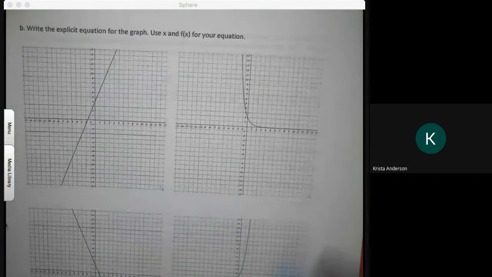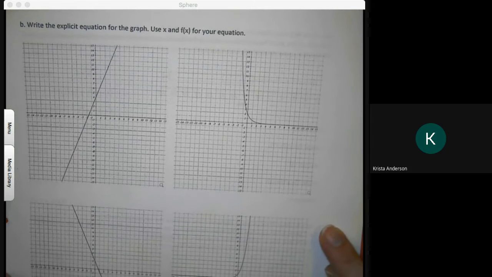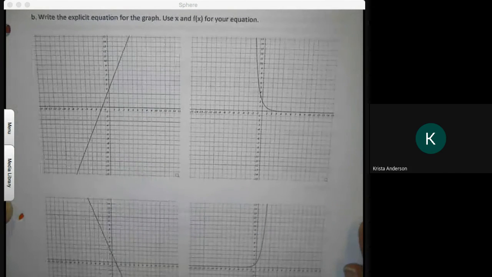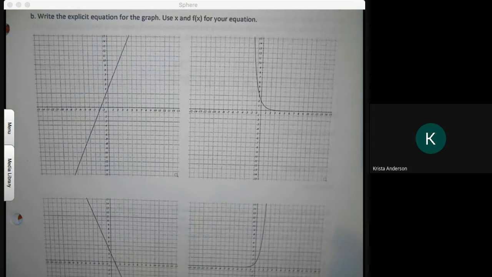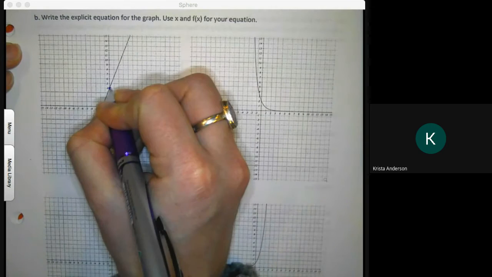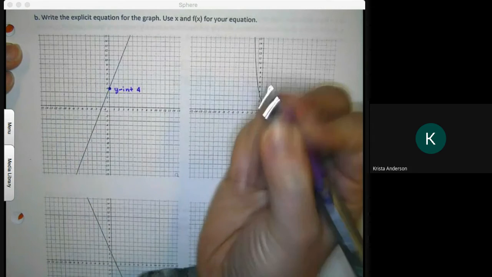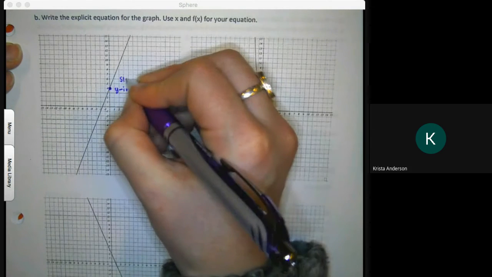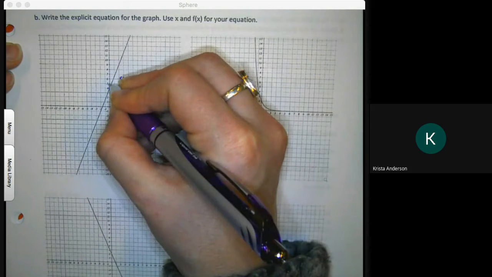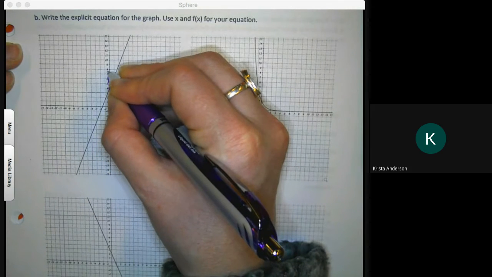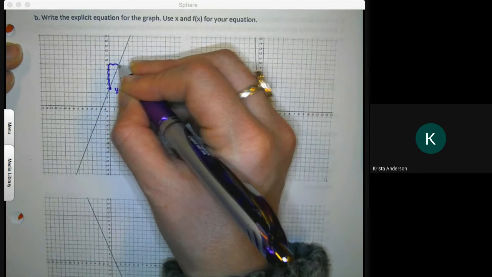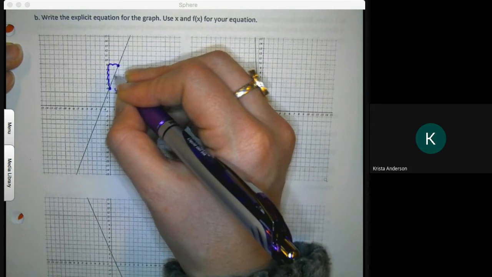Turn the page. We need to write an equation for the line. It says use x and f of x for your equation. You have two options of how you can write this. I can find that the y-intercept is 4 and the slope is up 1, 2, 3, 4, 5 over 2 to get to the next point that crosses at a whole number.